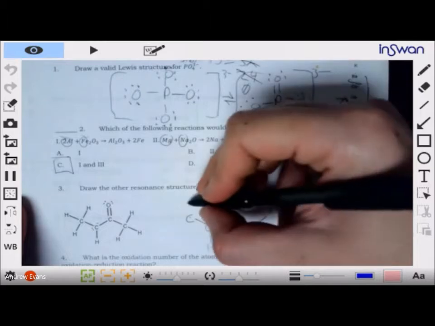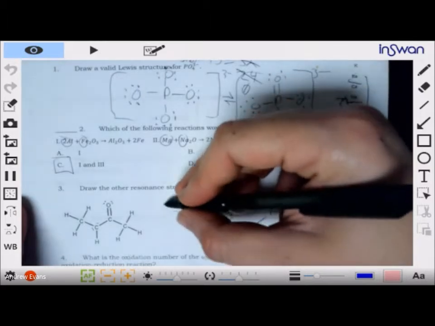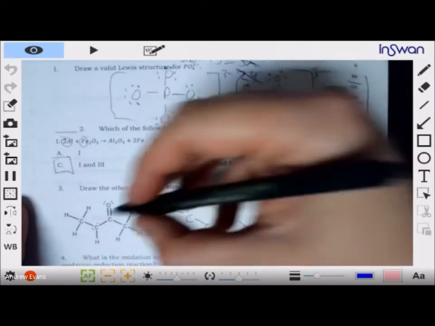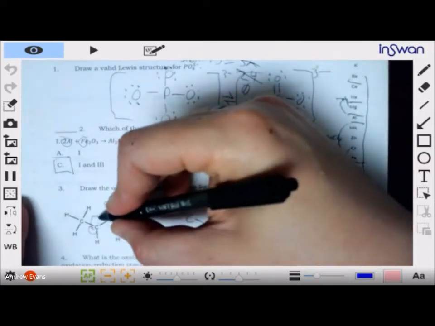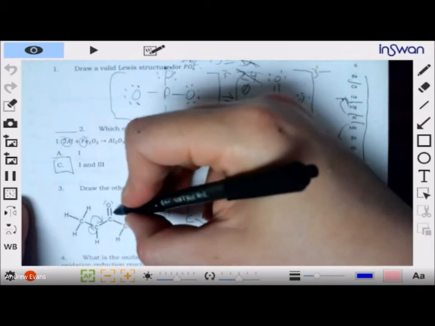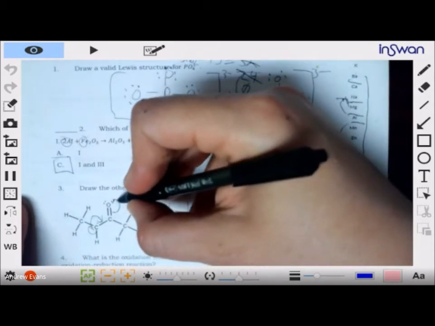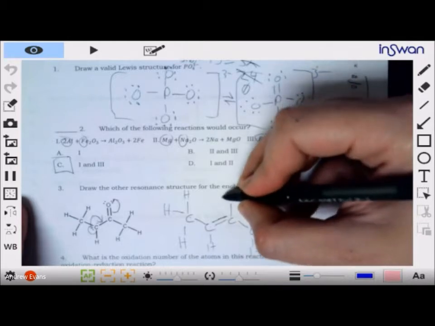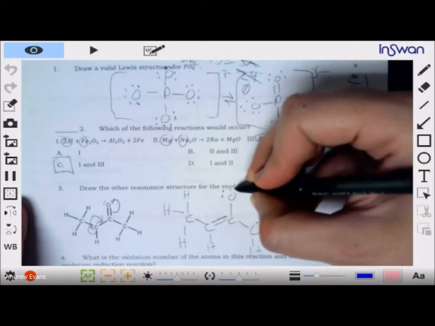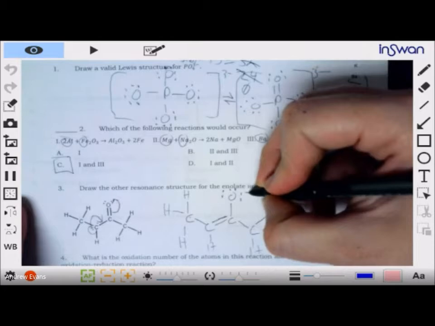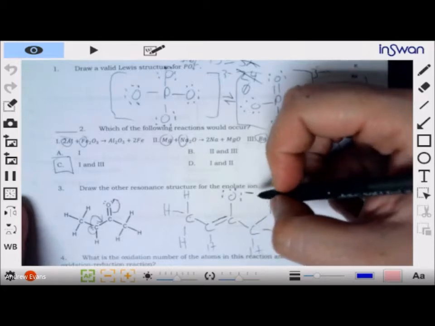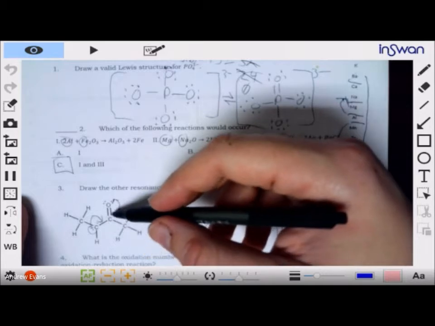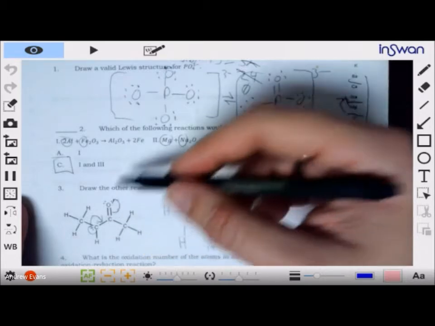Now the key here with a resonance structure is a lone pair on a different atom is going to swing into a nearby bond and kick out a nearby double bond. So what we're going to have is this, and so you would have this as your resonance structure. So the lone pair carbon would swing into this double bond, thus kicking out this double bond.